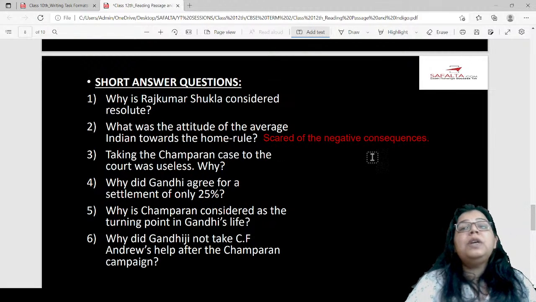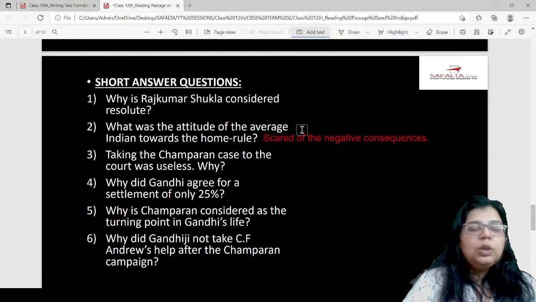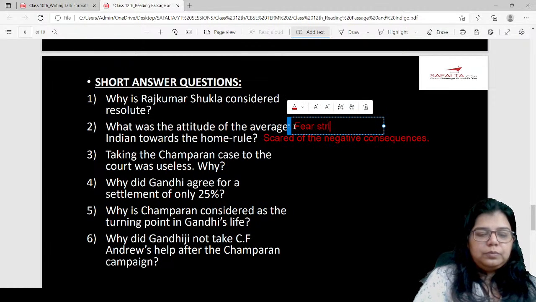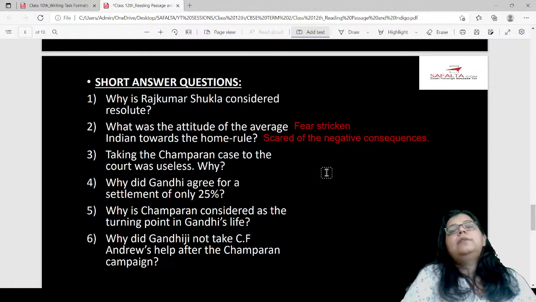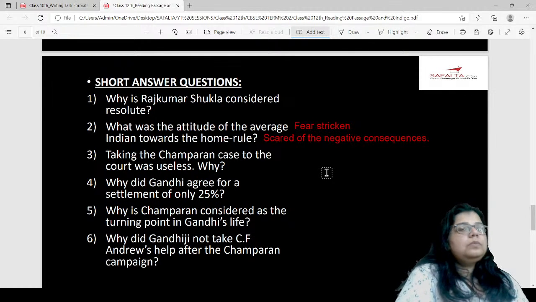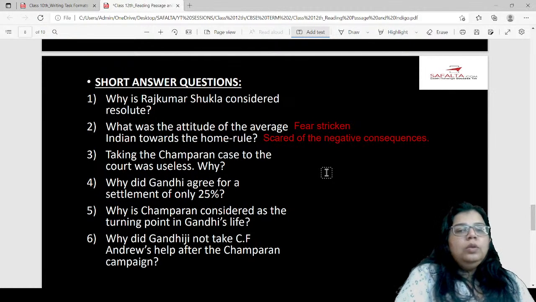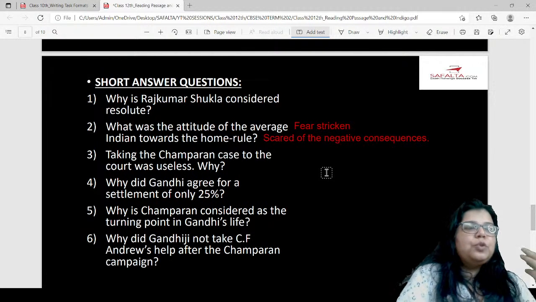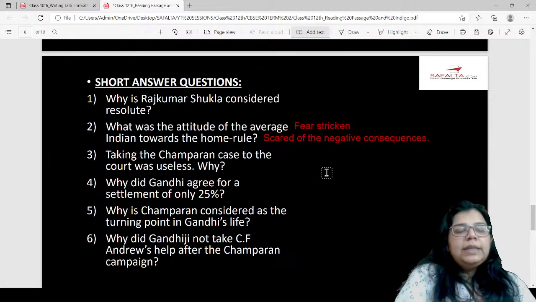So basically, fear-stricken. The word is fear-stricken. Fear-stricken means when you are trapped with fear. You feel so scared that you don't want to ask anything, right?